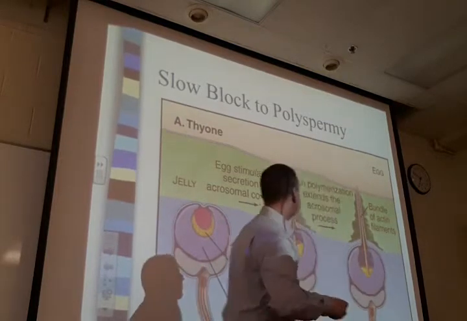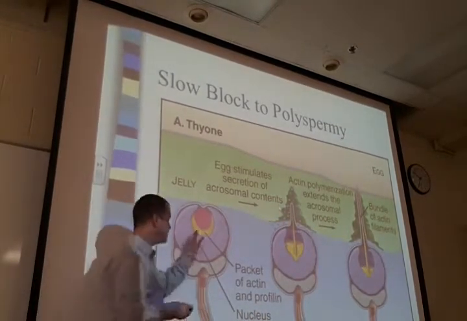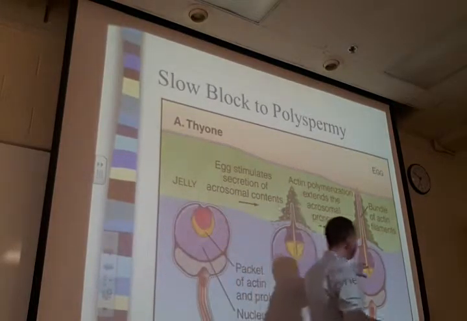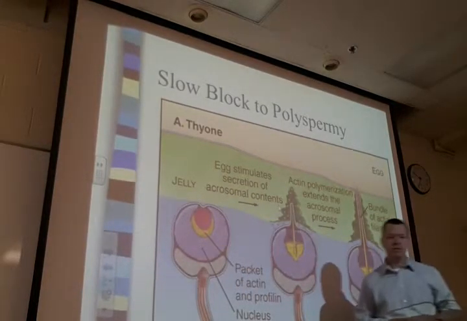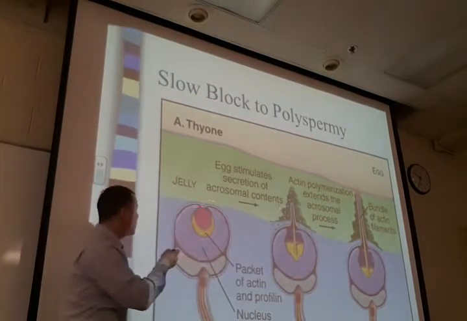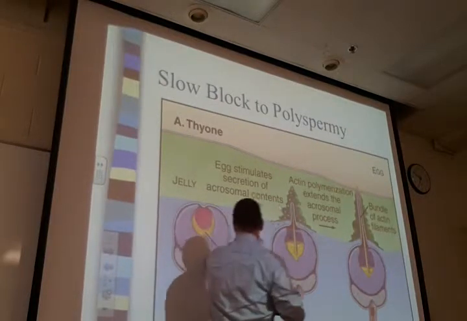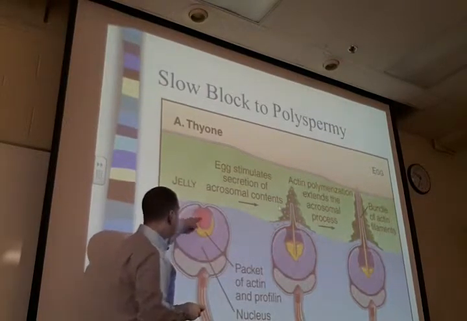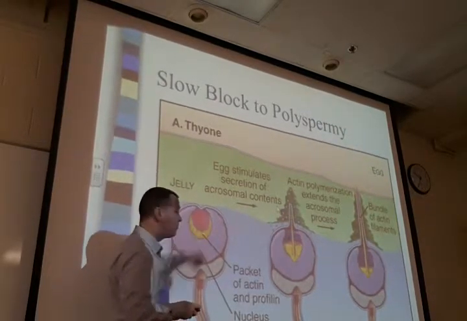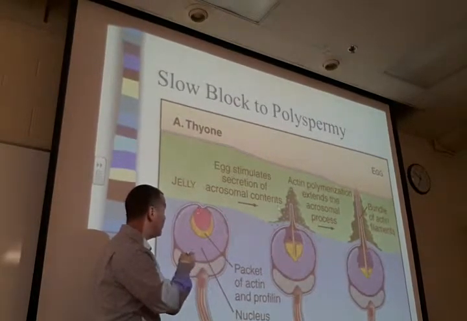To do that, and we'll just go through this quickly, but it's a good reminder of cytoskeletal things, because when the sperm comes into contact with that vitelline layer, it causes a couple of things. It causes a little vesicle filled with enzymes to be released, to be secreted.